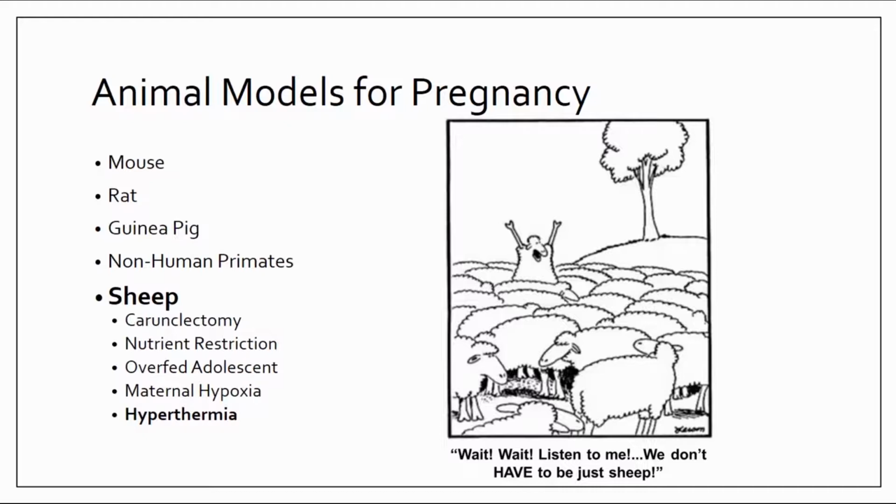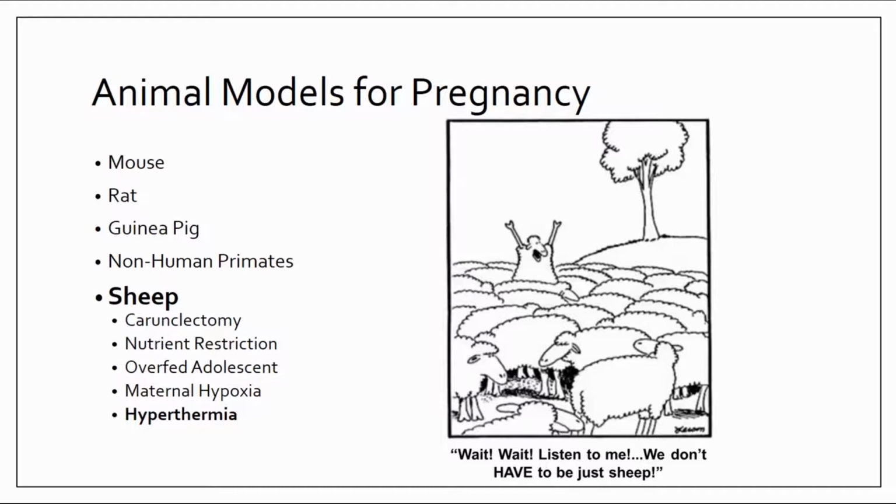That leads us to some of these more precocial animals, the guinea pig, the non-human primate, and the sheep in particular, that we can use to study programming events. Now, of course, non-human primates are the most genetically identical to the human. Obviously, that would offer a lot of benefits. However, they're very limited in what you can do just due to the expense and extensive experimental procedures that are required, leading to only a very few number of animals.